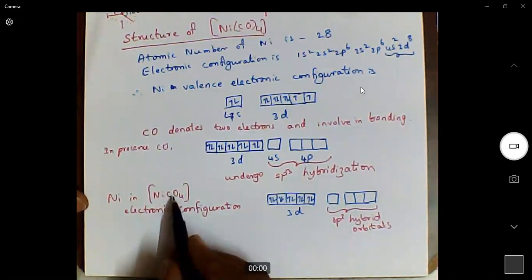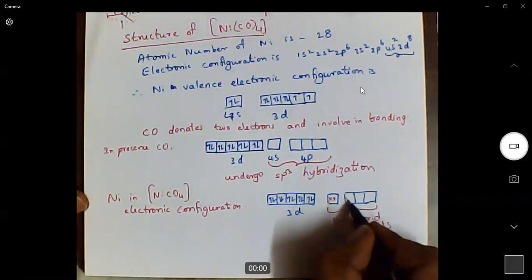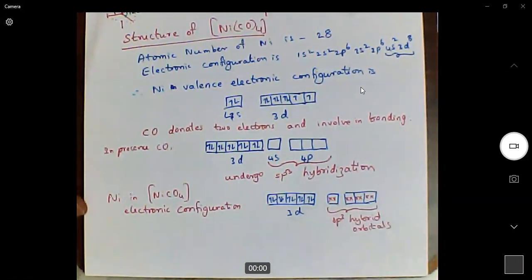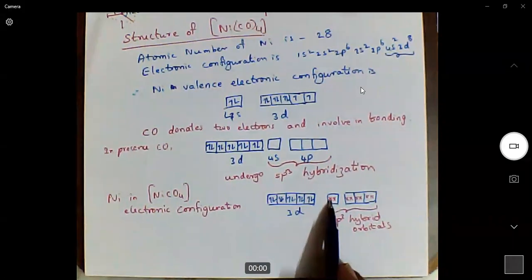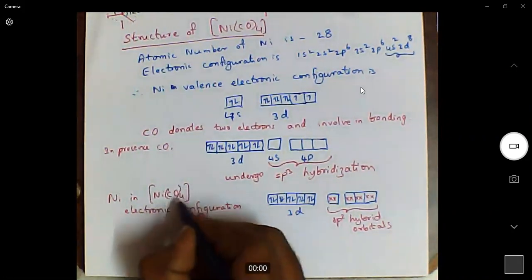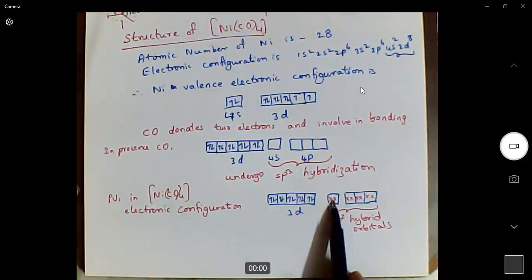Now the four CO molecules will give four pairs of electrons. For differentiation, I am representing with a small x the electrons donated from carbon monoxide. Since there are four carbon monoxide molecules, they will donate four pairs of electrons. They will occupy these sp3 hybrid orbitals.